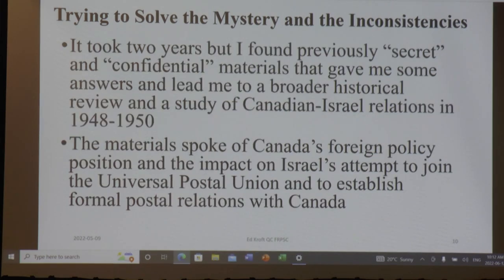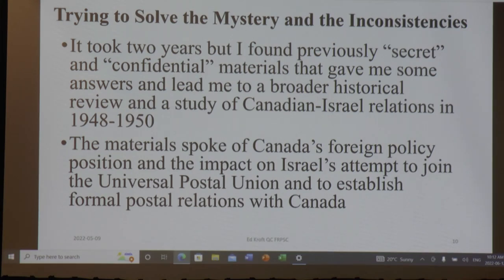And it took me 2 years to come up with some answers, but I found through my diligence and my inquiries some secret and confidential materials that gave way to some answers that led me to a broader view of the historical relationships between Canada and Israel between 1948 and 1950.